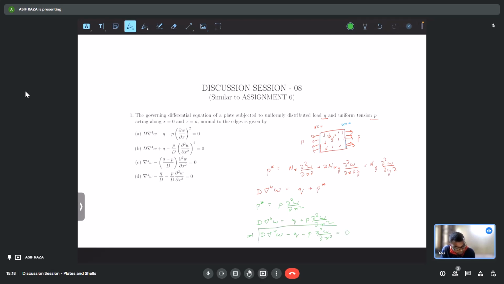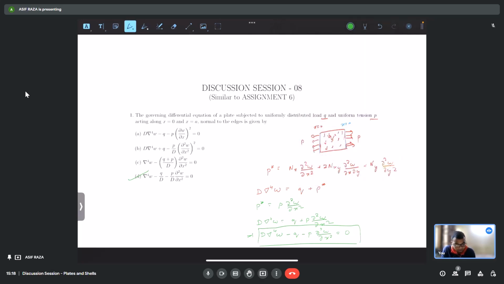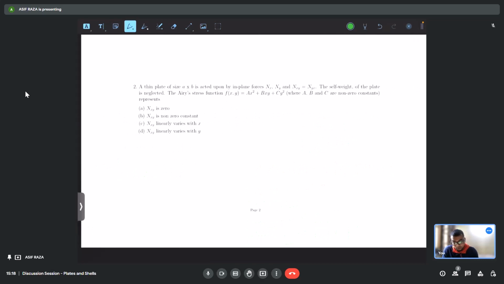So this is my plate equation. So the correct answer would be D, because if I take this and divide all terms by D, we will get the equation D. Okay, let's move on to the next question.